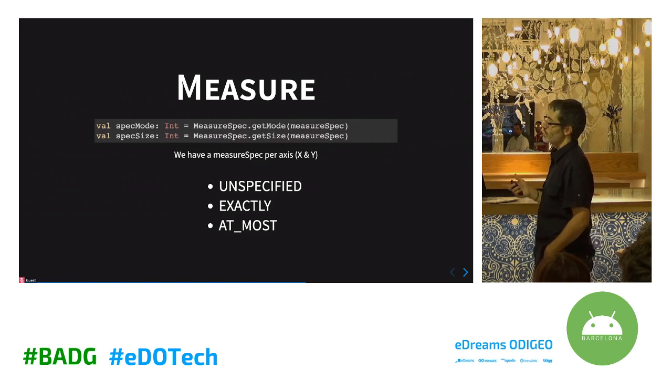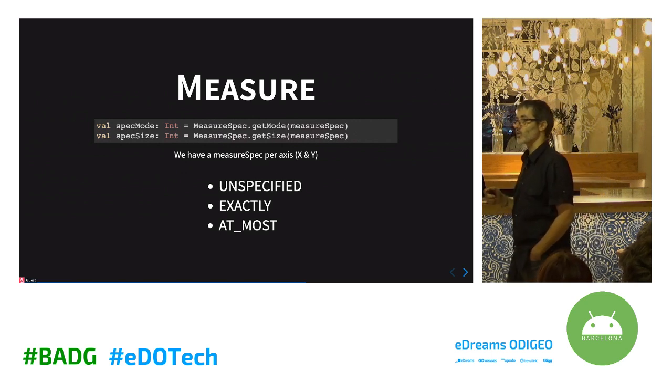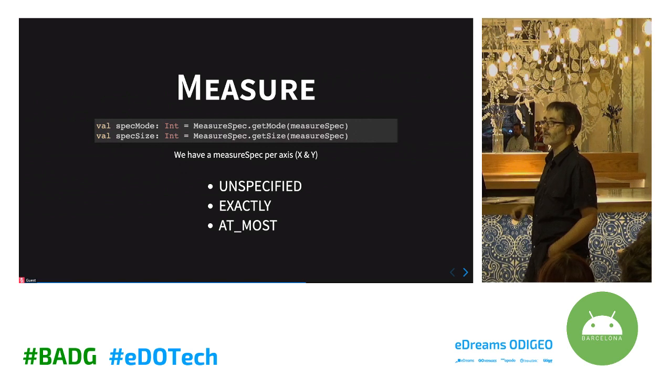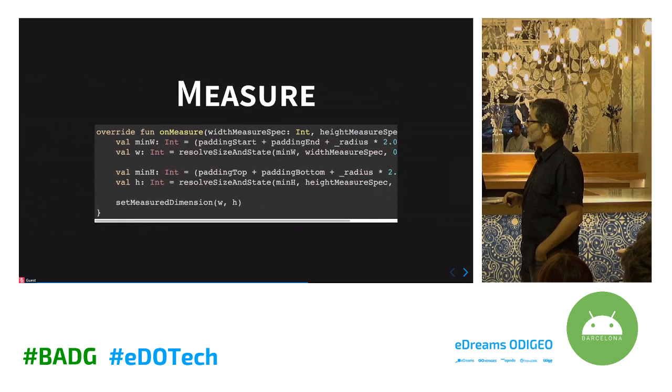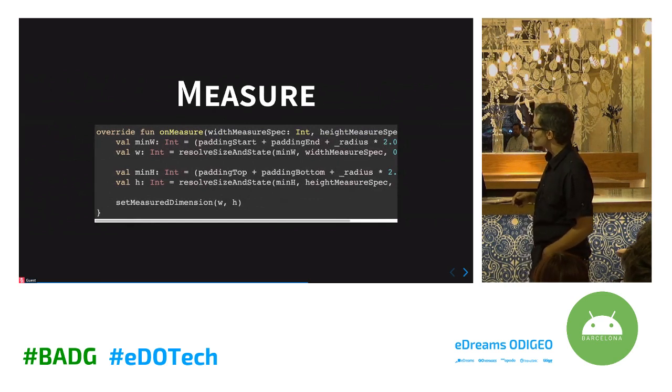Unspecified usually is when we use wrap content, so we allow the view to choose whatever size it wants, and at most sets a maximum dimension.